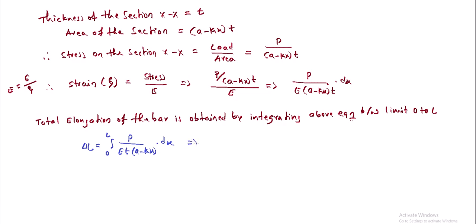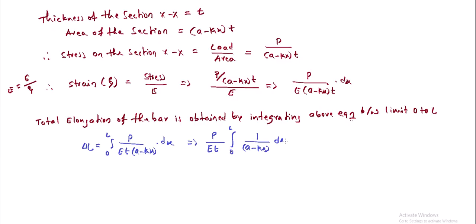In this equation I will take the constant term out, that is P by ET, and substitute the limit from 0 to L for 1 by A minus Kx times dx.